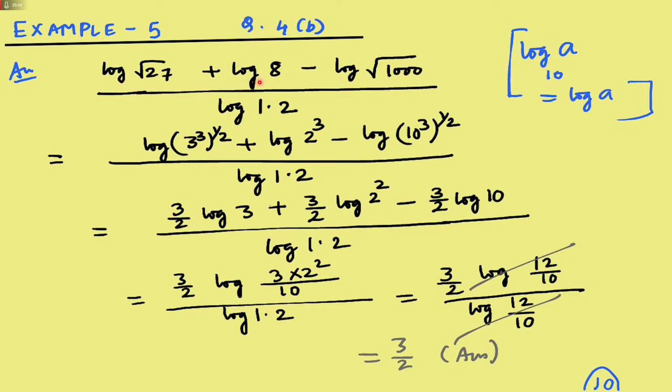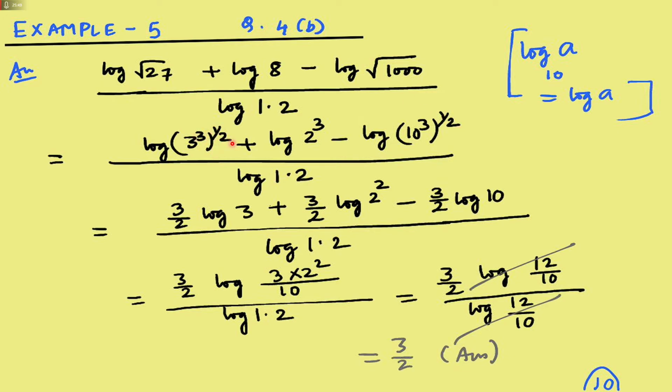Okay, now here the base value is 10, so 27 cannot be expressed as a power of 10, but you can write this as 3 cube, and this root will give you power half. That means you have to try to express the number in its simplest way by using the indices relation. Okay. Now 8 can also be written as 2 cube and 1000 can also be written as 10 cube, and this root will give you to the power half.